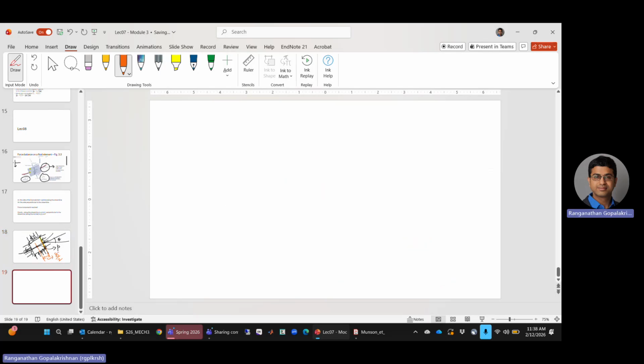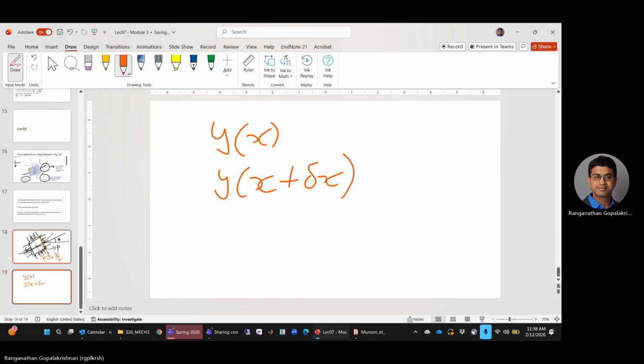I'm going to refresh you on this. If the value of a function at a point x is y, what is the value of the function at a point which is slightly away from x? You know this. Taylor series. At least those in my numerical methods class, you have to say something. Okay. I think I got it.